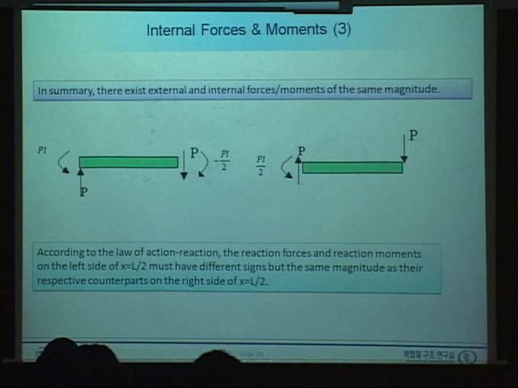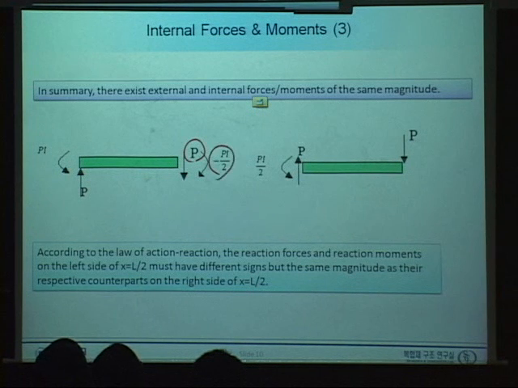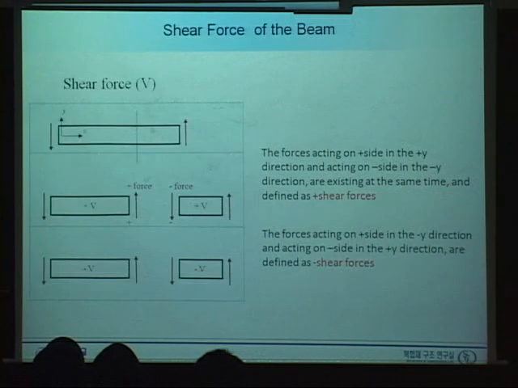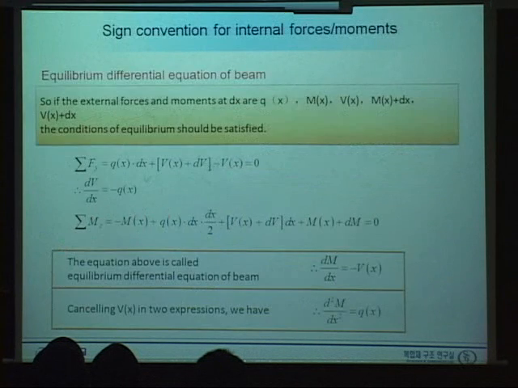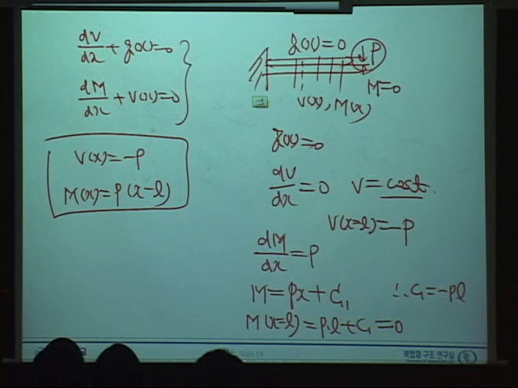At x equals L over 2, we simply have this P and this one, right? And back to that equation, we have the same one here. P, and if x equals L over 2, then the moment is simply P times minus L over 2.